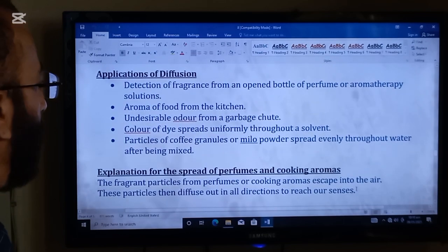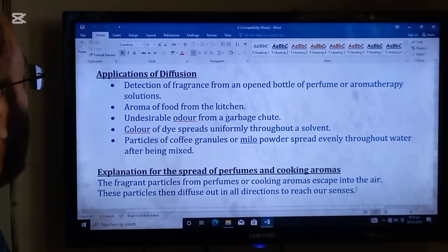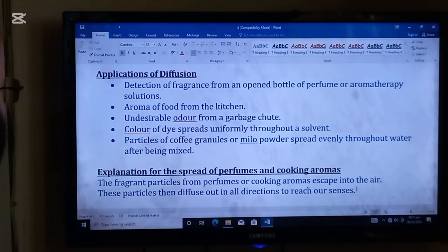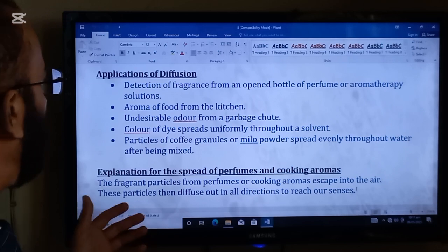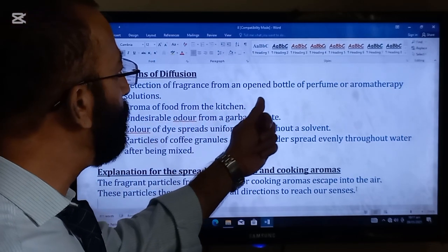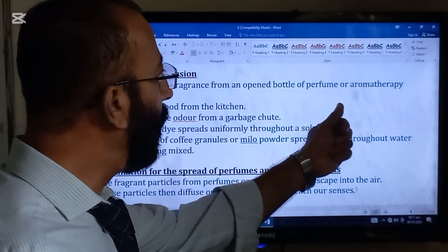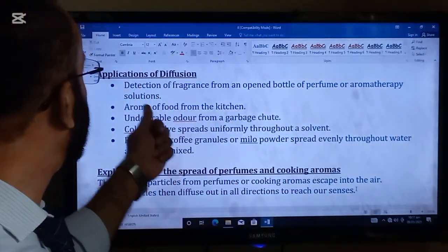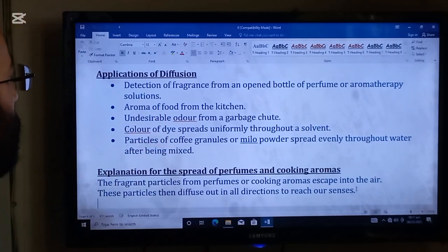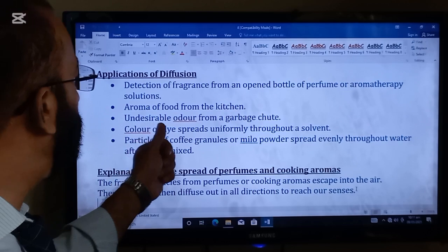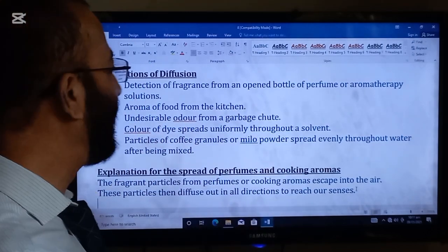Next topic in the lecture is applications of diffusion. First application is detection of the fragrance from an open bottle of perfume or aromatherapy solutions. Second application is aroma of the food from the kitchen.